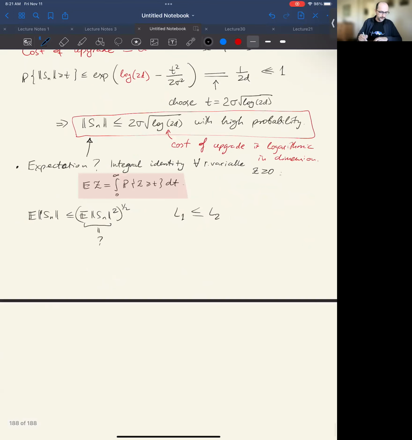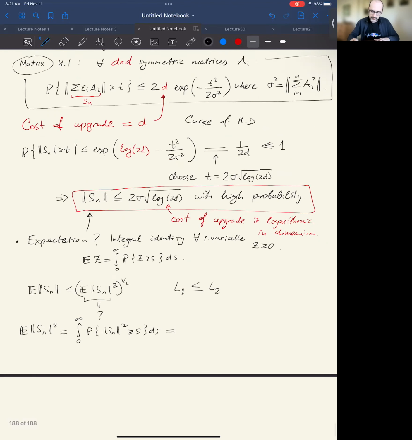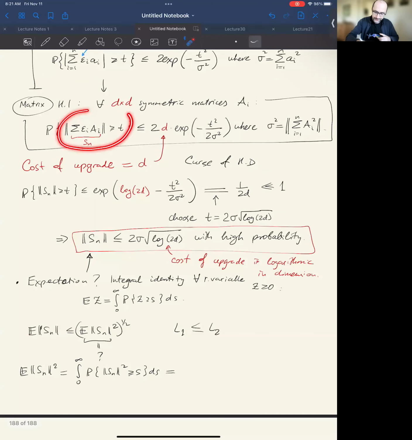Let's do that. So the expected value of Sn squared, by the integral inequality, is a simple exercise. It's greater than, well, T is a bad letter here, let's say the integral of the tail in S, ds. And we know it here.